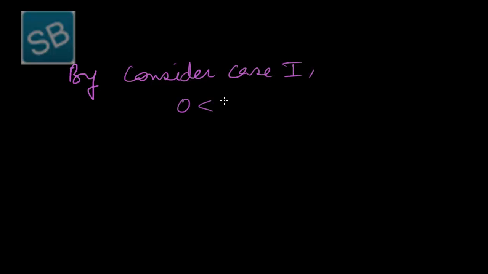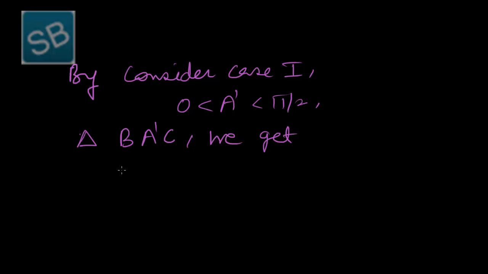So by considering case 1, as A dash lying between 0 to pi by 2, and applying case 1 to triangle BA dash C, we get BC, that is A, equal to 2R sine A dash.